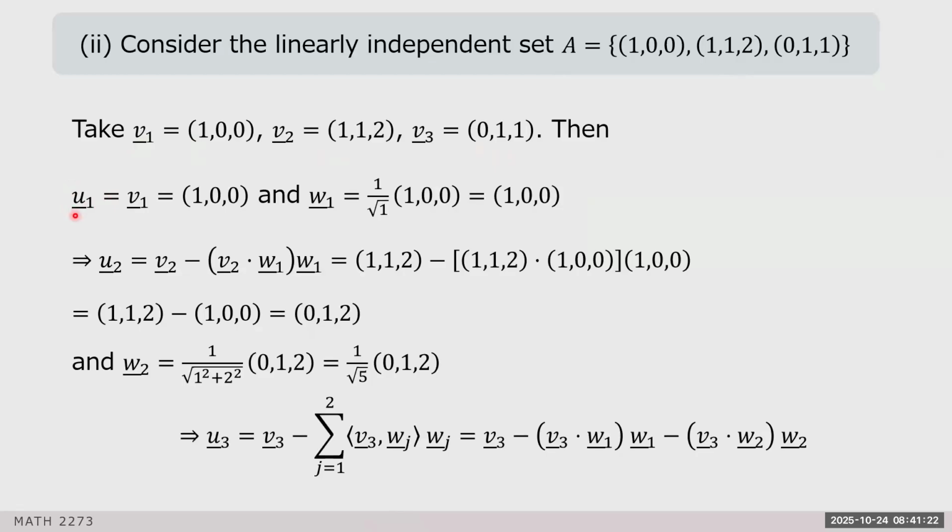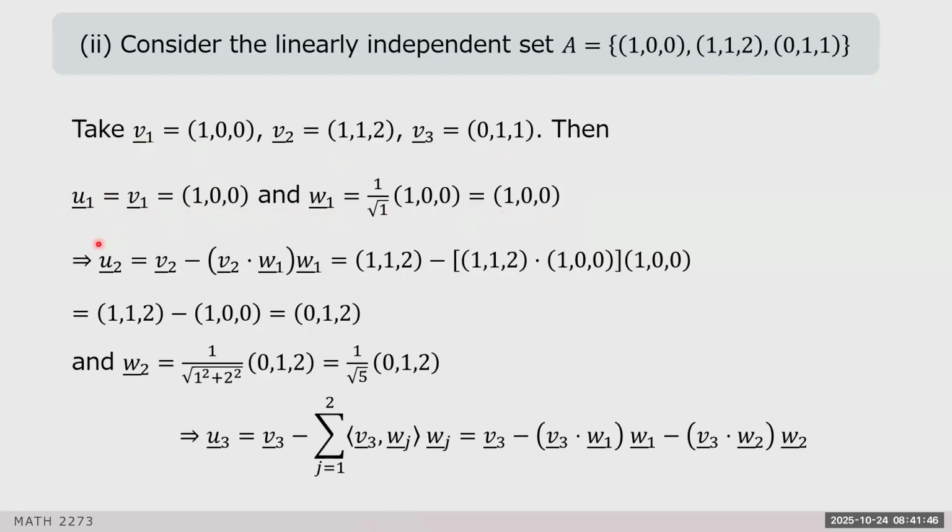Take u1 to be v1, which is 1, 0, 0. For w1, you don't need to do this calculation because 1, 0, 0 is already a unit vector. So w1 will be 1, 0, 0. There's nothing to normalize there.